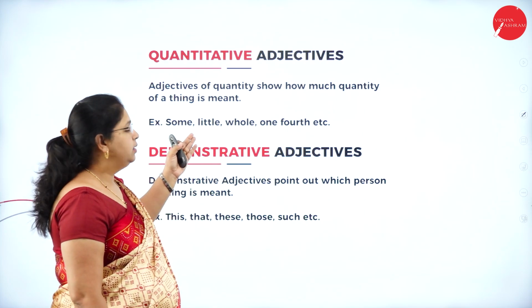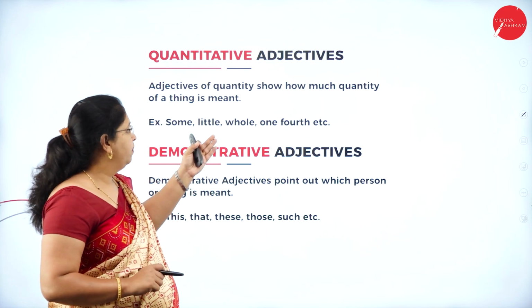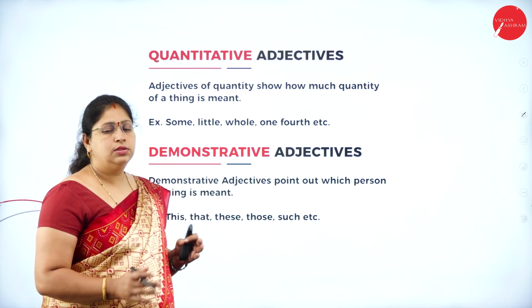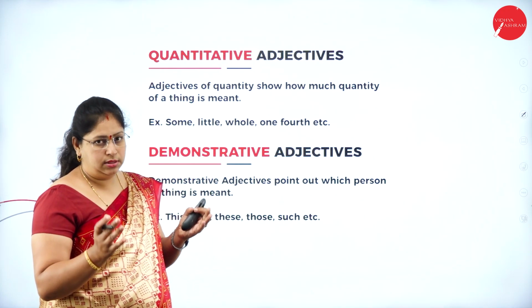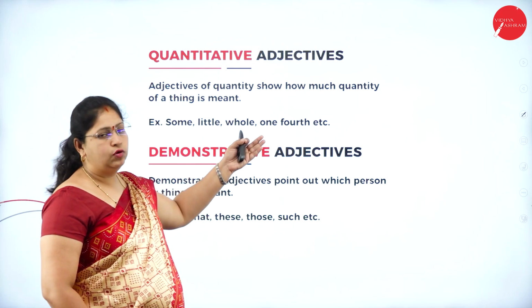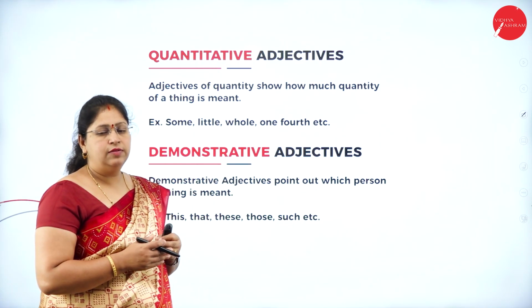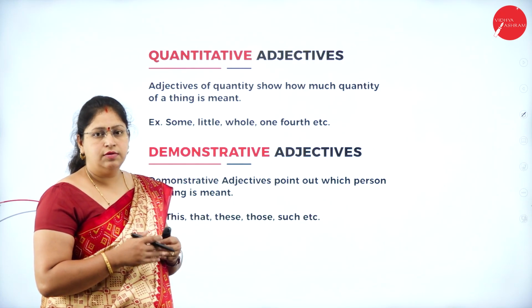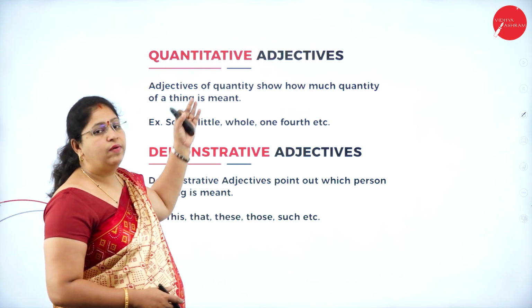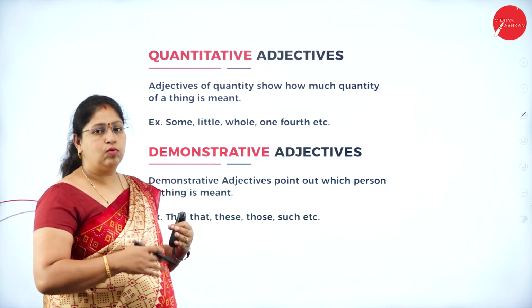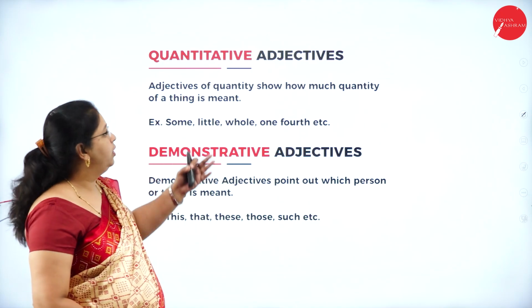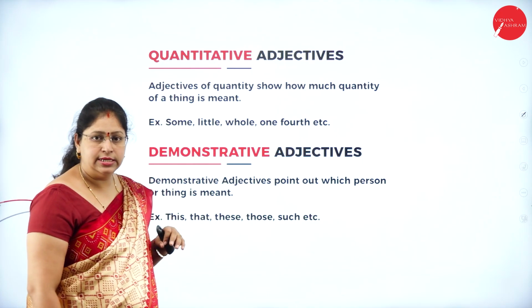Whole. I want the whole watermelon. Here the full quantity is told. 1/4. Give me 1/4 of the part from yours. Correct. All these places tell the quantity, what is expected or what is meant. So it tells the quantity, so it is called quantitative adjective.